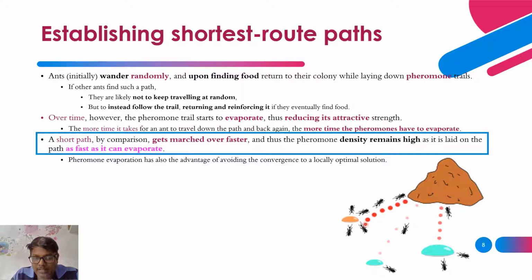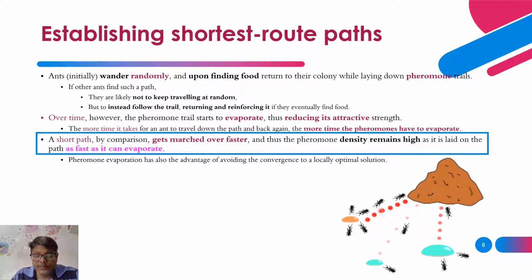If it is the shortest path by comparison, it gets marched over faster, and thus the pheromone density remains high. Here the pheromone density remains high as it is laid on the path faster than it can evaporate, so it is very strong and dense.